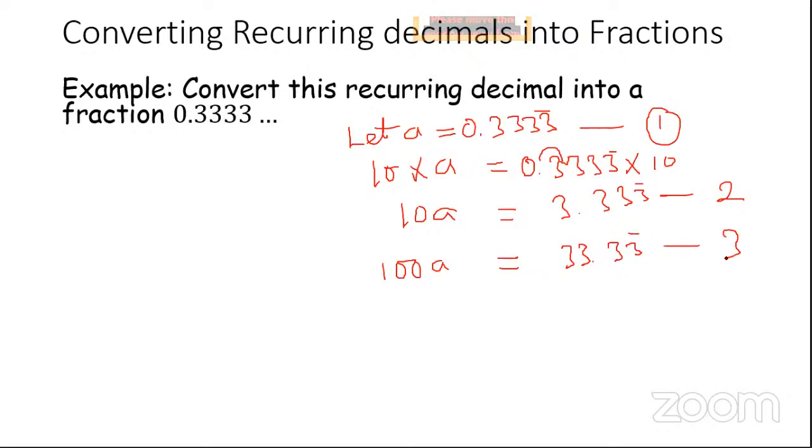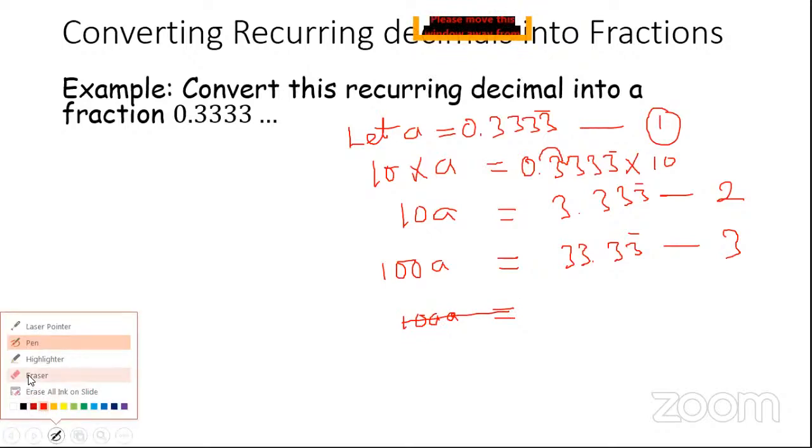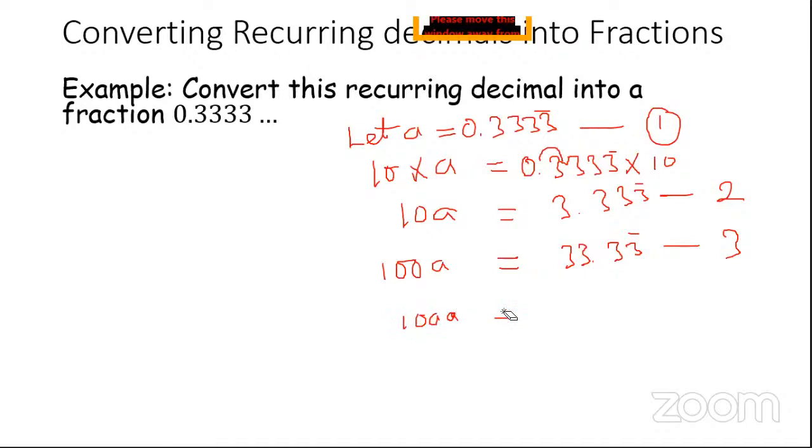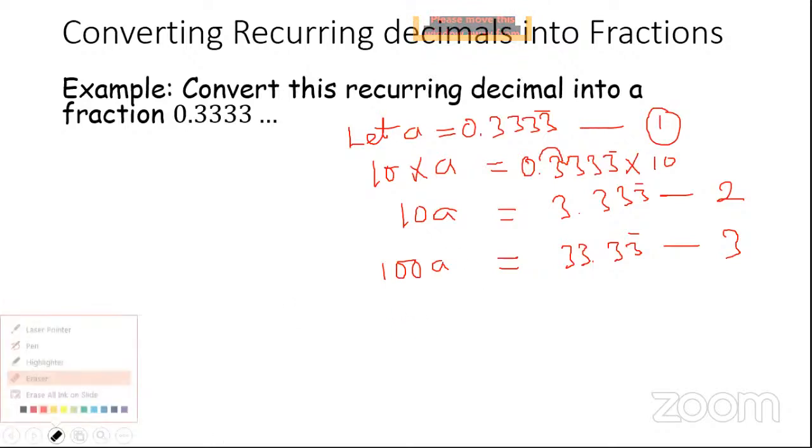Then we shall say 100A is equal to 33.333 recurring, minus 10A, which is 3.333 recurring.